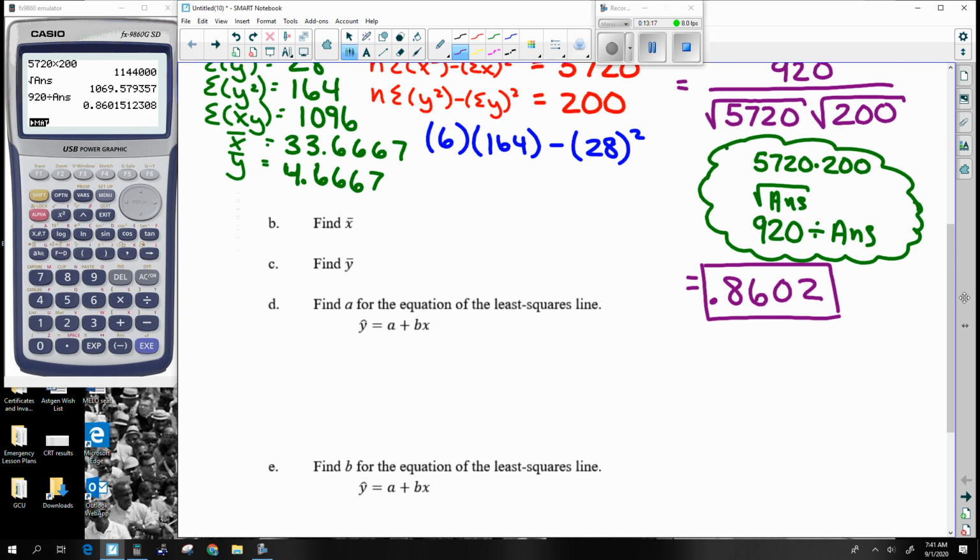All right, the rest of the stuff is pretty easy. You just have to know the formulas and know what you're doing a little bit. X bar, that's straight from the Christmas tree. Y bar is also in the Christmas tree.